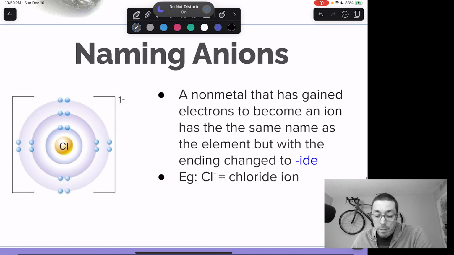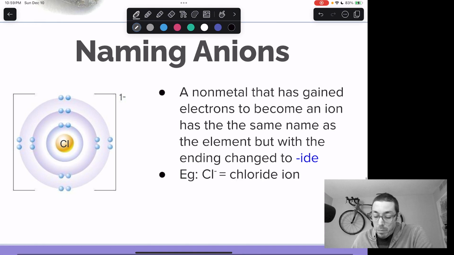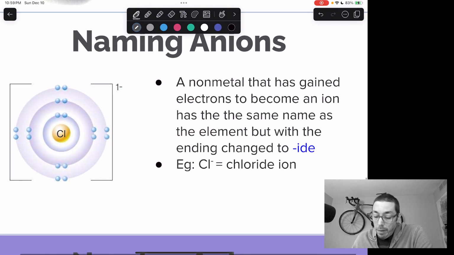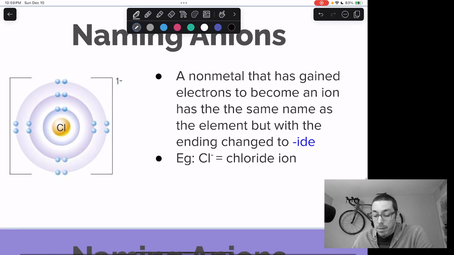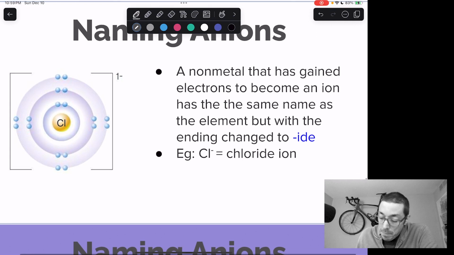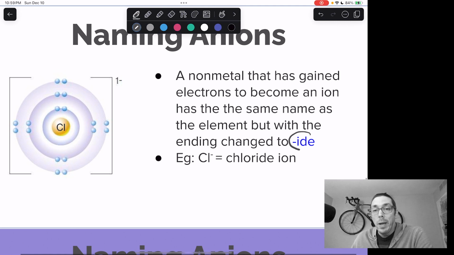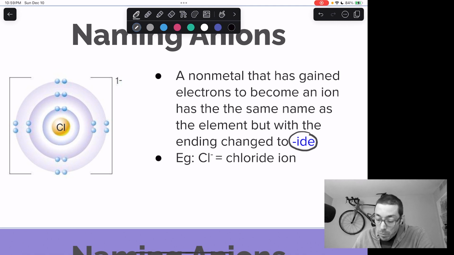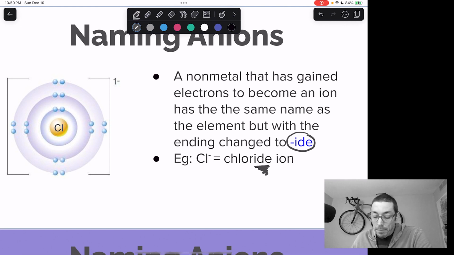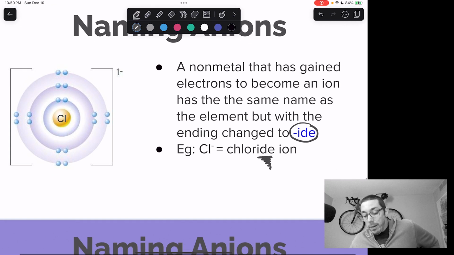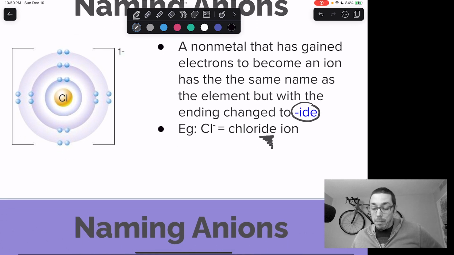Anions are a little different. So if we've gained electrons and we've become a negative ion, we change the ending of the element name so that it ends with IDE. So instead of a chlorine ion, it's a chloride ion. So remember that when you have negative ions, they end with IDE.